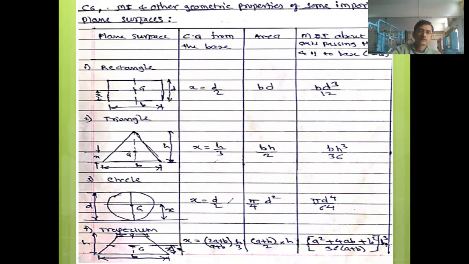For rectangle, after triangle, circle. What we wrote for rectangle can also be written for a square. X will be equal to d by 2 for square also, the area is a square, and the moment of inertia is a raised to 4 divided by 12. This is for the square.